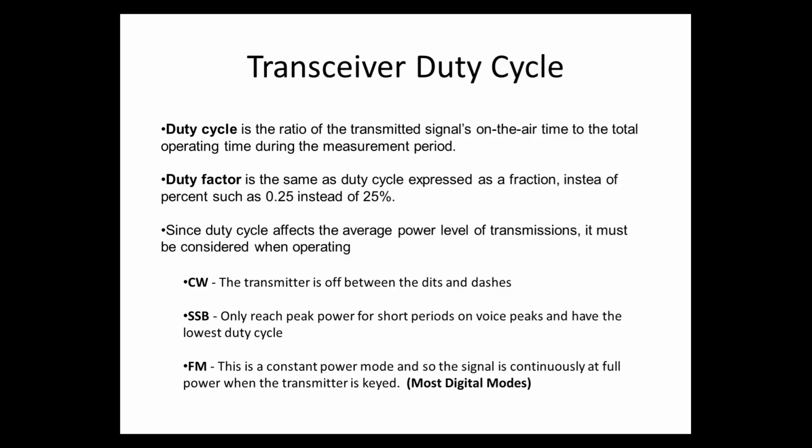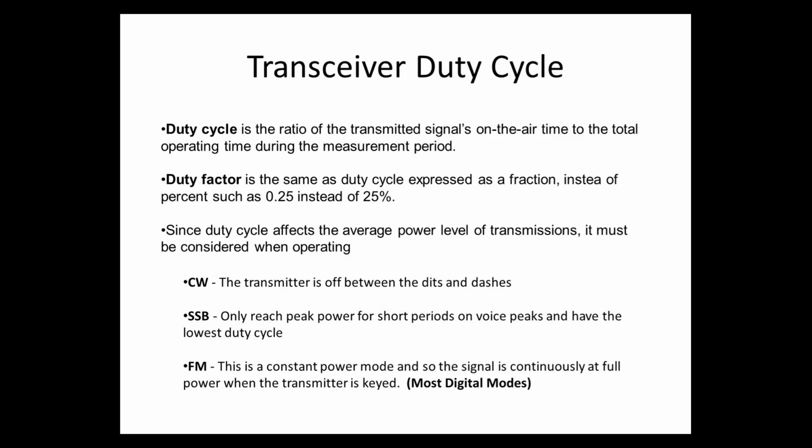All you're doing is changing the frequency, but that means that you have a constant amplitude the whole time. So your amplifier is on the whole time. So if you're set up to run 100 watts and you run a long signal of frequency shift keying, it's going to run your amplifier at full load.